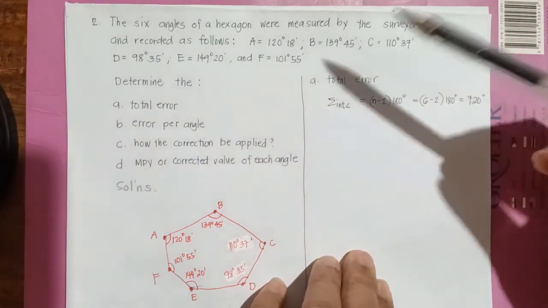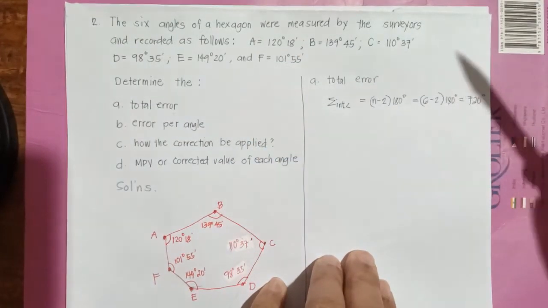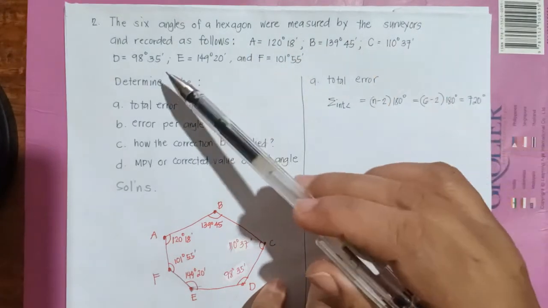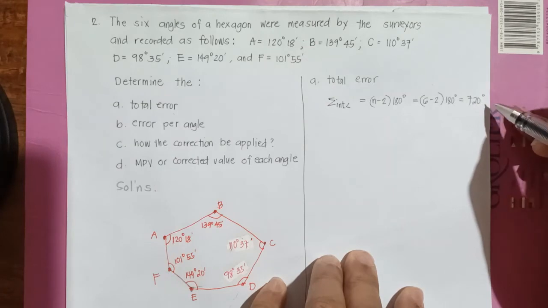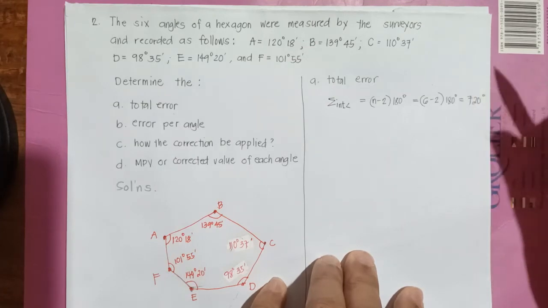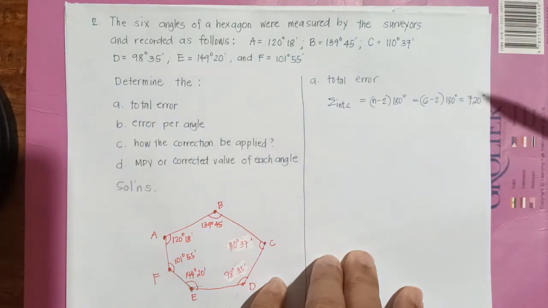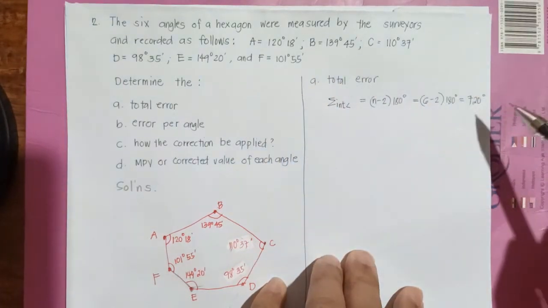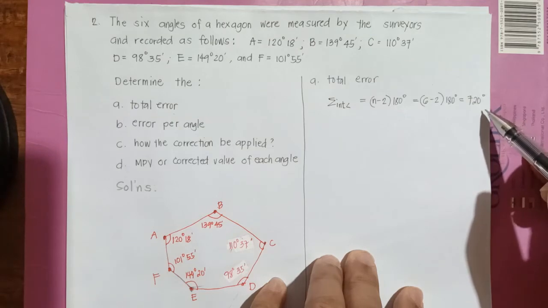If there were no error in your measurement, the summation of all angles A, B, C, D, E, and F should be 720 degrees. However, in every measurement, there is always an error. So it is expected that the summation of your angles will not equal 720 degrees.